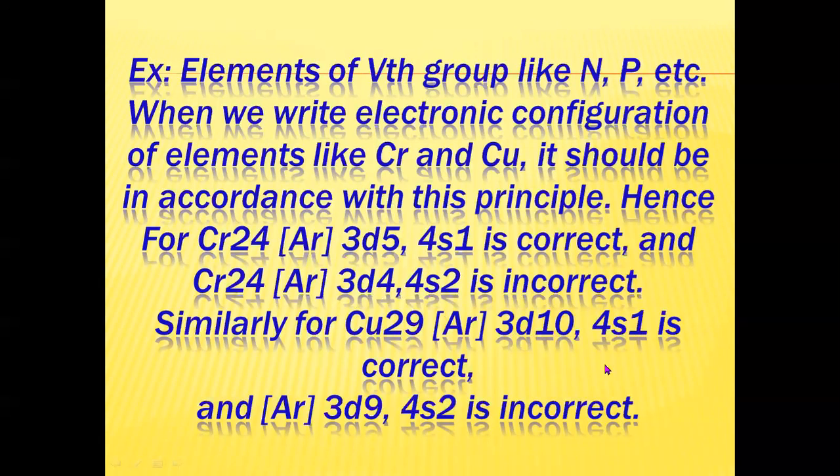This makes the d completely filled and the s half filled. So it is the correct way because it is a stable element. And if I write 3d9 4s2, it will be incorrect. So you have to keep it in mind. These are the special cases.